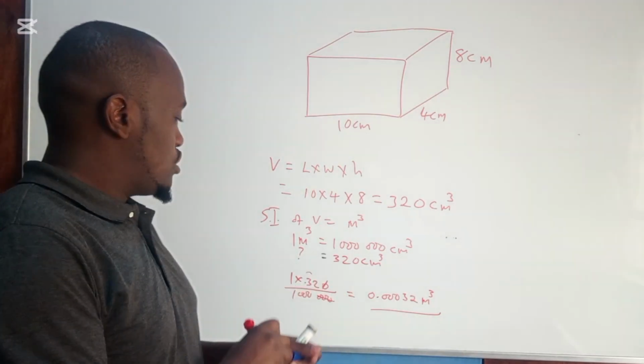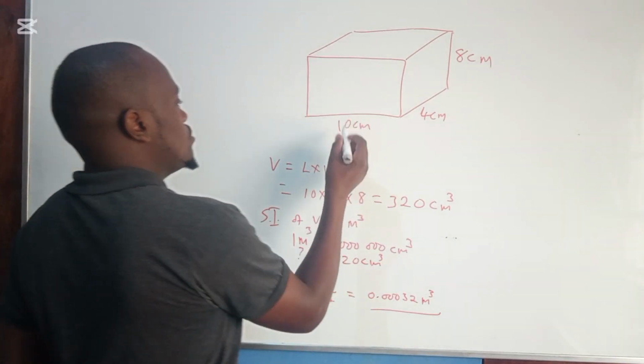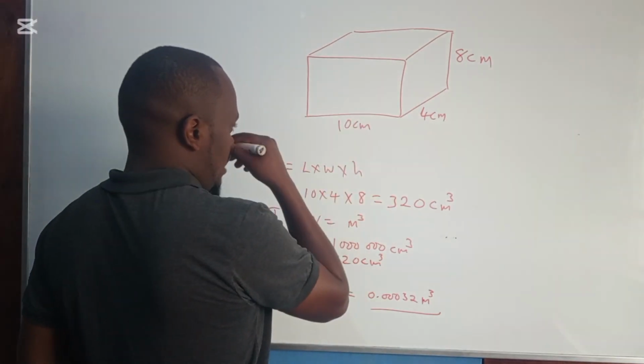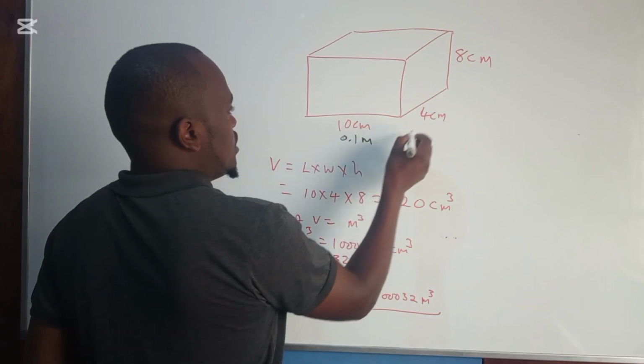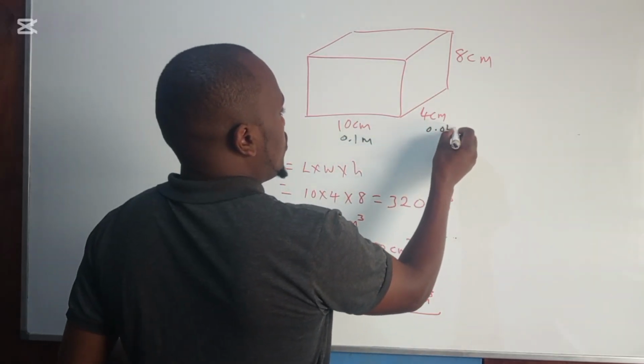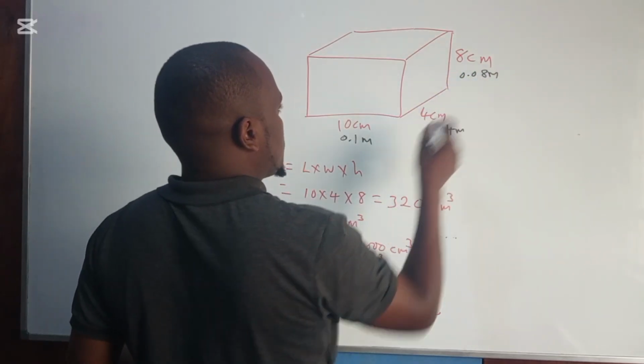Alternatively, if you do not want to use this conversion, you could have changed this into meters. 10 centimeter is equivalent to 0.1 meter. This is 0.04 meter. This is 0.08 meters.